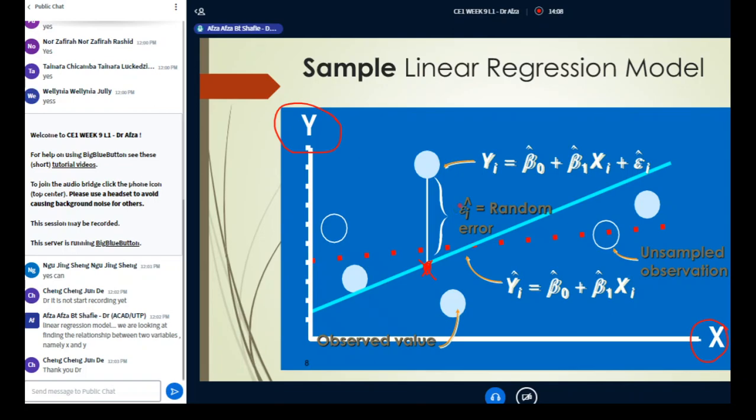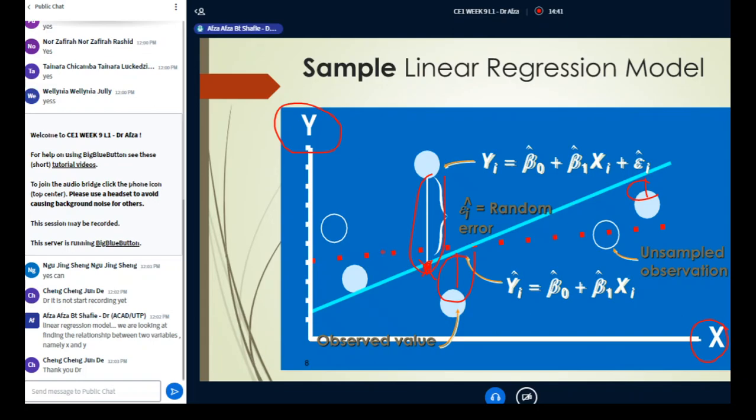So if we can minimize this distance, that means the observed value and the line are a good fit, meaning we have made sure that this line is as close as possible to the observed value. This is what the least square method is all about.